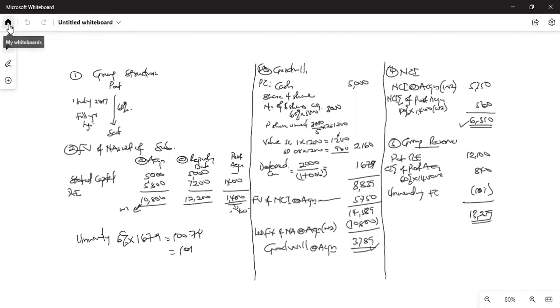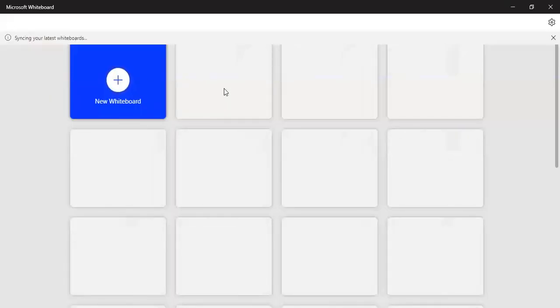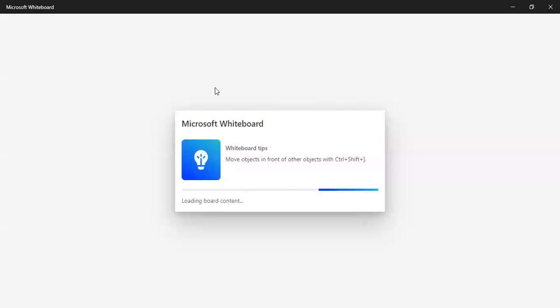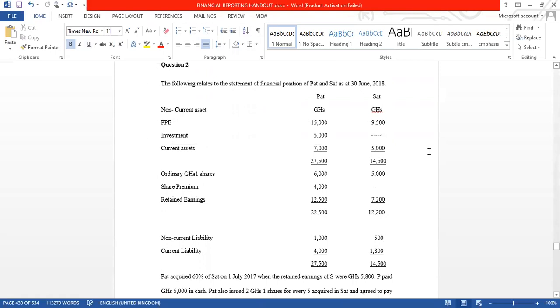So let's go back to our board. This thing is not loading. It needs loading, yes. But I think we can even use this we have here. So these are the things.